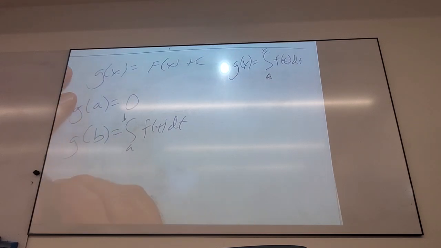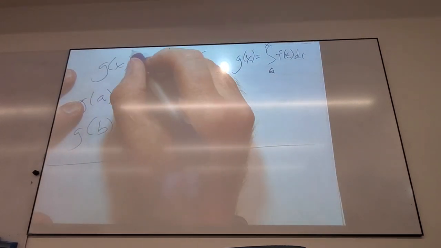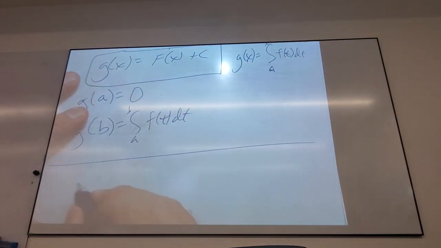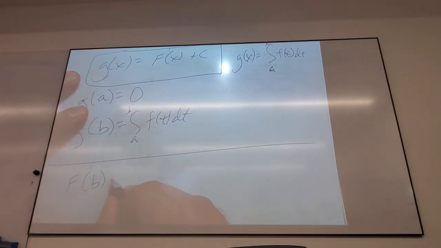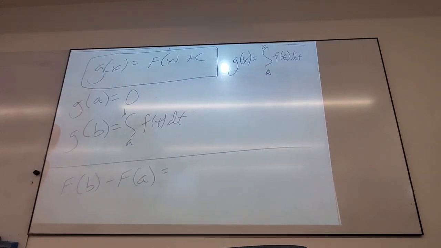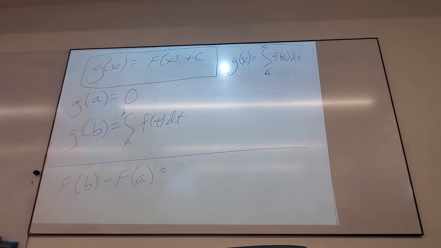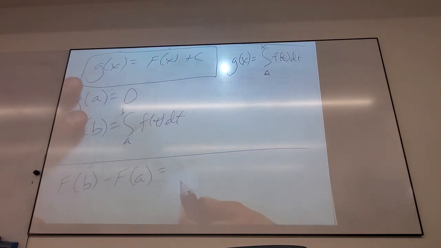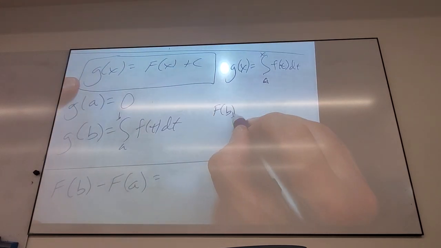So what would, let's see. Remember this. What would big F of b minus big F of a be? The integral from a to b. Let's see. What is big F of b?